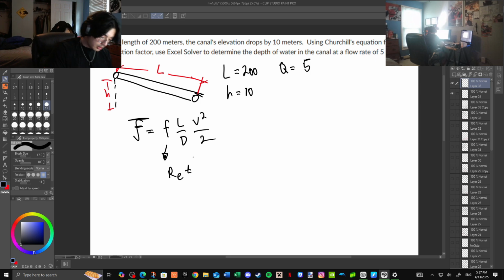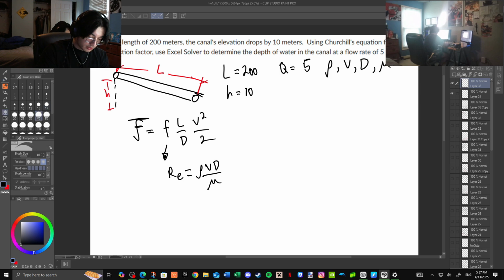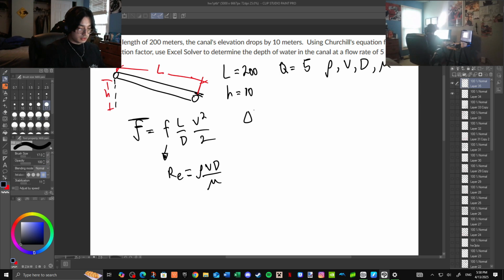Reynolds number, again, is rho VD over mu. That gives us a couple more variables to look out for when we do Excel: the density, average velocity, the diameter, and viscosity.